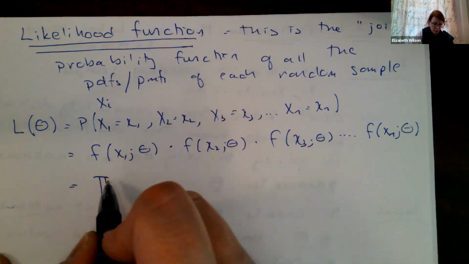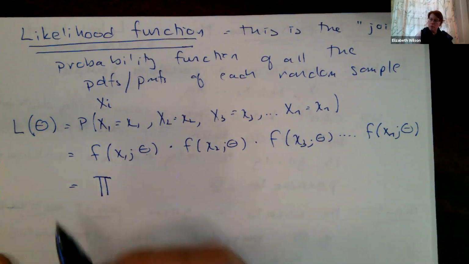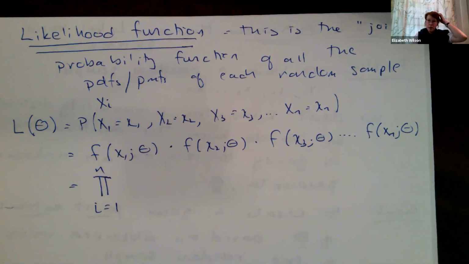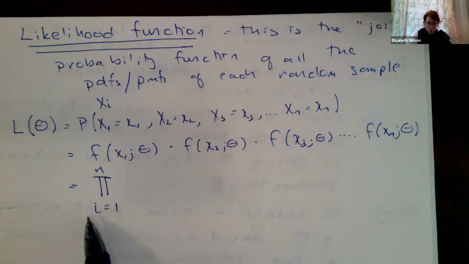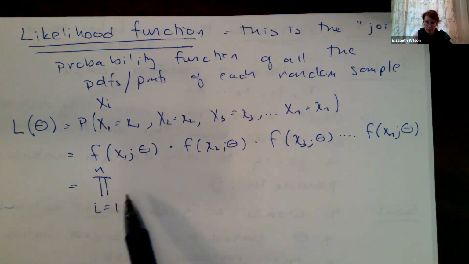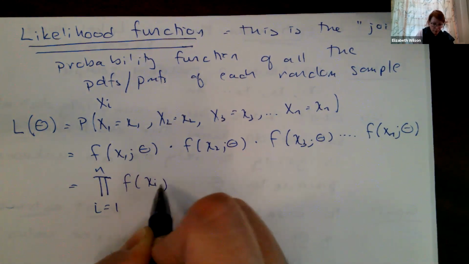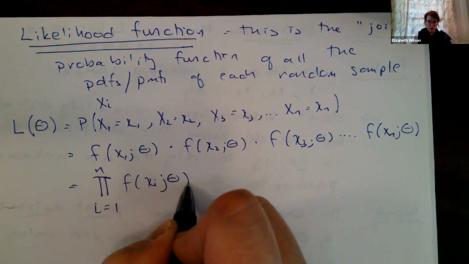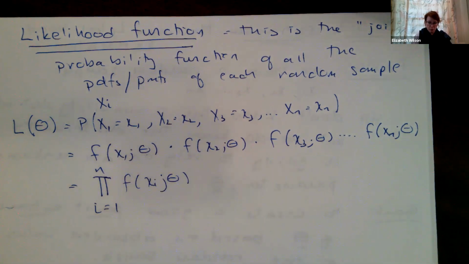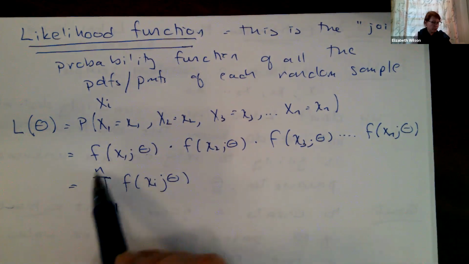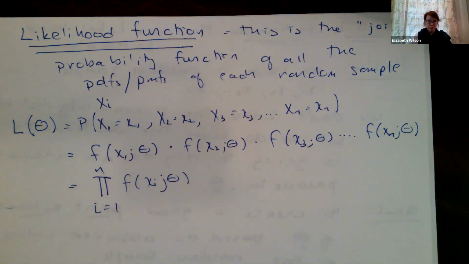We know how sigma was our sum, so sum from 1 to n. This is our product from 1 to n. I'm going to multiply all of these things out. This is f of x sub i; theta. That's not a j, that's just a semicolon. So I'm multiplying. This is our product symbol. That's our likelihood function. It's the product of all of these individual probability density functions.